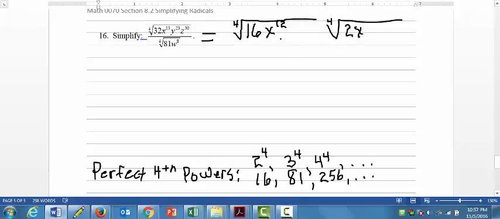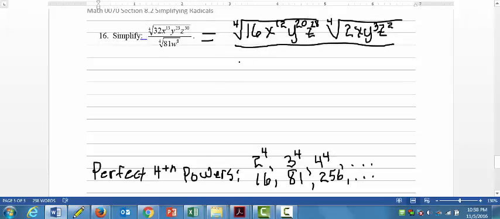The power on x, x to the 13th, is rewritten as x to the 12th times x. Y to the 23rd is rewritten as y to the 20th times y cubed. Z to the 30th is rewritten as z to the 28th times z squared.